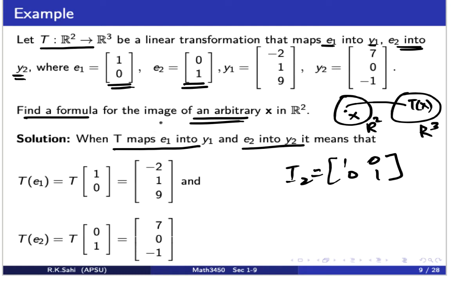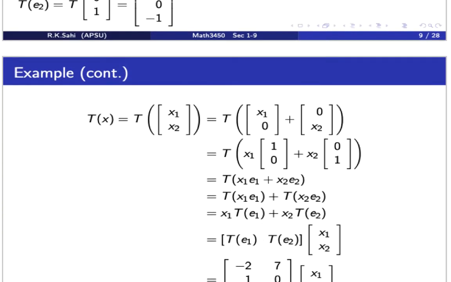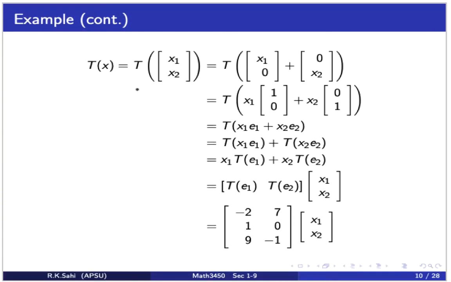Now we want to know what happens when x is there. x is an arbitrary element. So, T of x. If x is an element of R2, that means x will have two values in the two rows, x1 and x2.